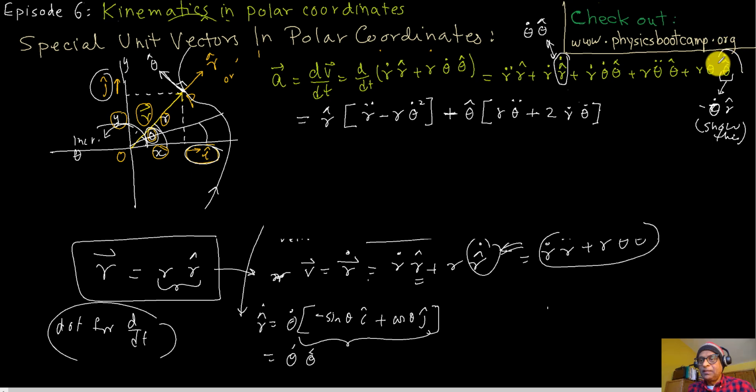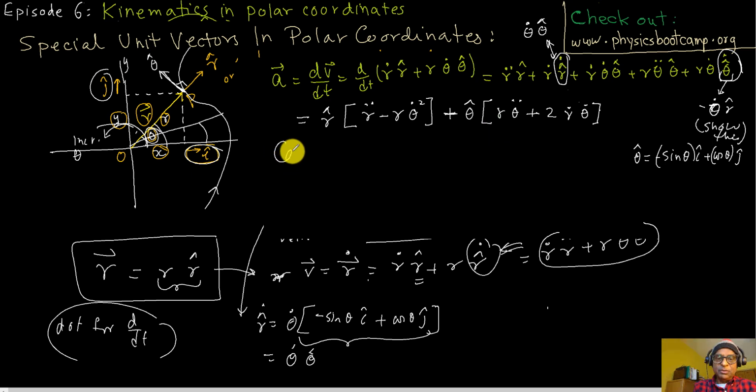Here is a little thing I left out for you to do, using theta hat, which is simply minus sine theta i hat plus cosine theta j hat, as we worked out earlier. Then you get a somewhat complicated expression for acceleration, but a little less complicated looking than the one we had when you use just i hat and j hat.